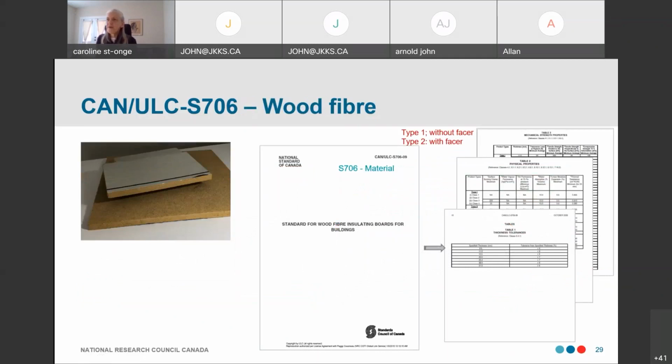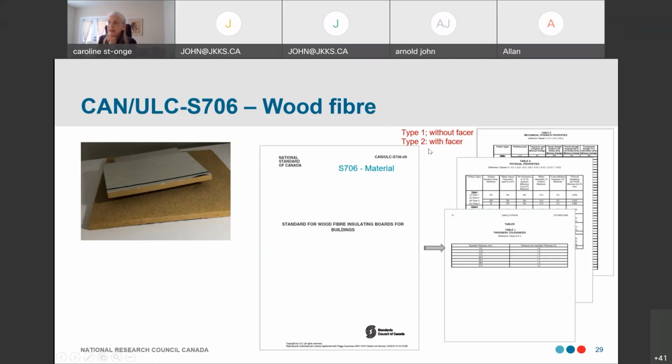And for wood fiber, the corresponding standard is S706. Wood fiber boards are made of wood fiber and they usually come with a facer at least on one side. There is no installation standard for this one, but the material standard refers to multiple testing as well, like the other standards.